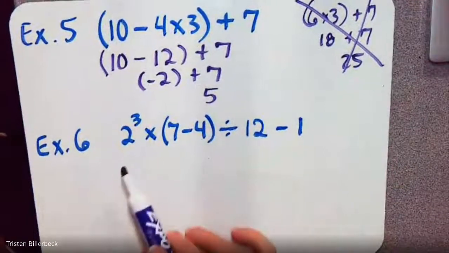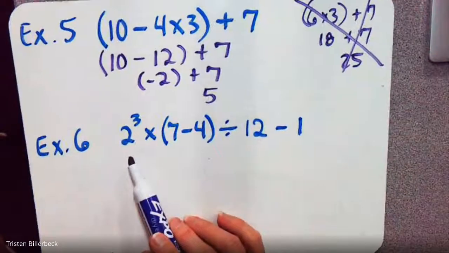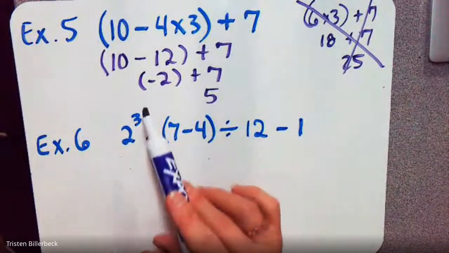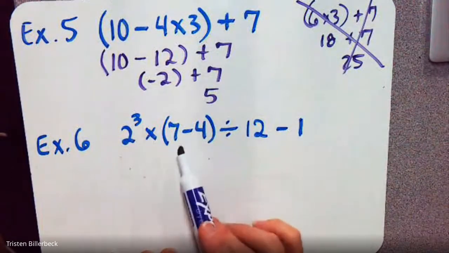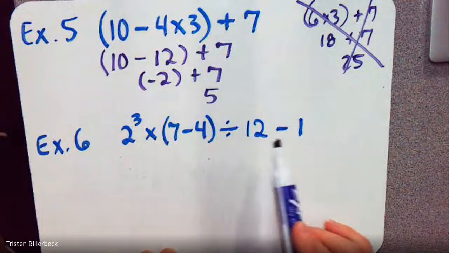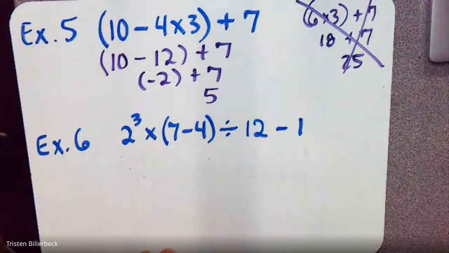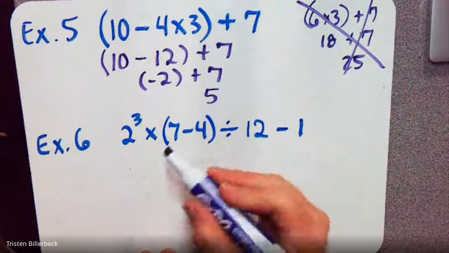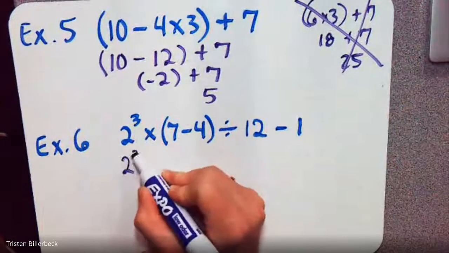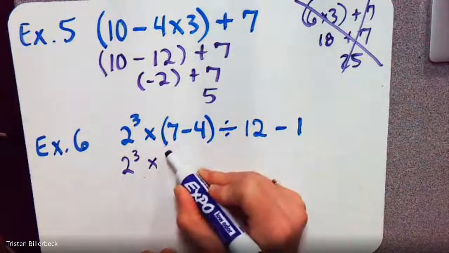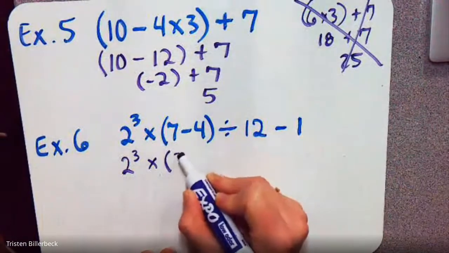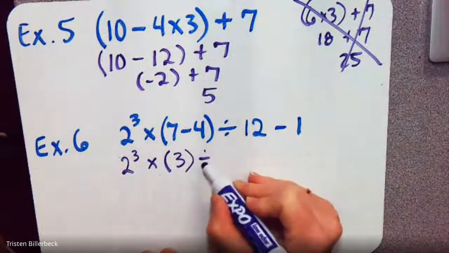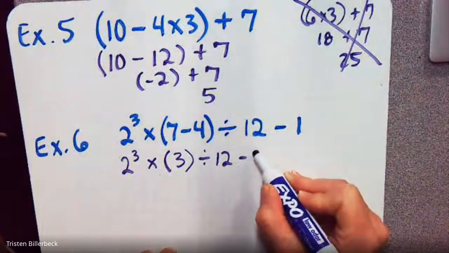All right, when we look at this expression, we have 2 cubed times the quantity 7 minus 4 divided by 12 minus 1. All right, so we have parentheses. We do that first. So we have 2 cubed times 7 minus 4 is 3 divided by 12 minus 1.